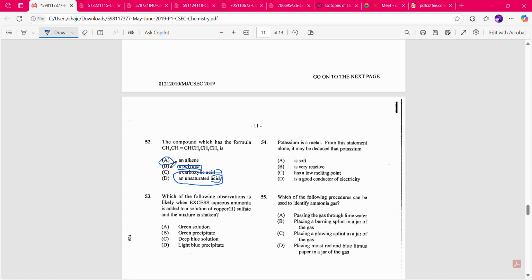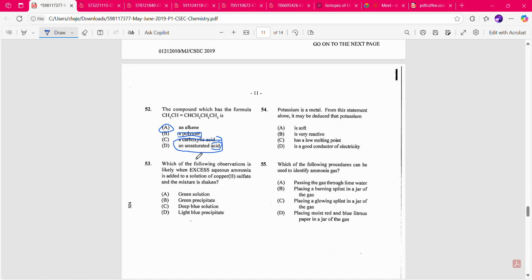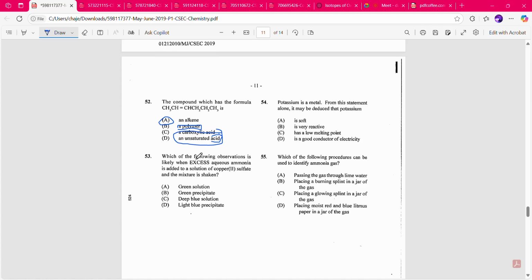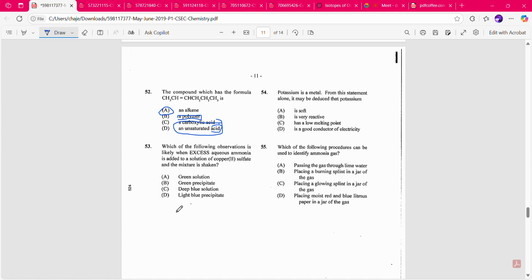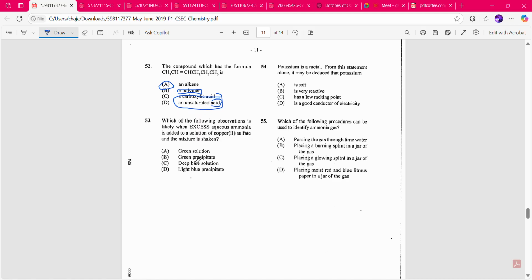53. Which of the following observations is likely when excess aqueous ammonia is added to a solution of copper sulfate and the mixture is shaken? Excess aqueous ammonia. I'm going to expect something blue because of the copper ions. Green would be iron 2 plus.